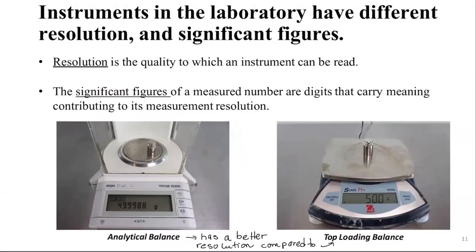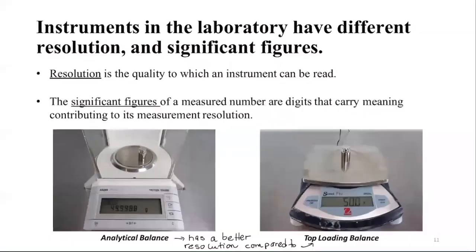This gives me a measured number with more digits, and all of those digits carry meaning. This takes us to understanding what significant figures are and how we determine, given a measurement, which numbers are significant.